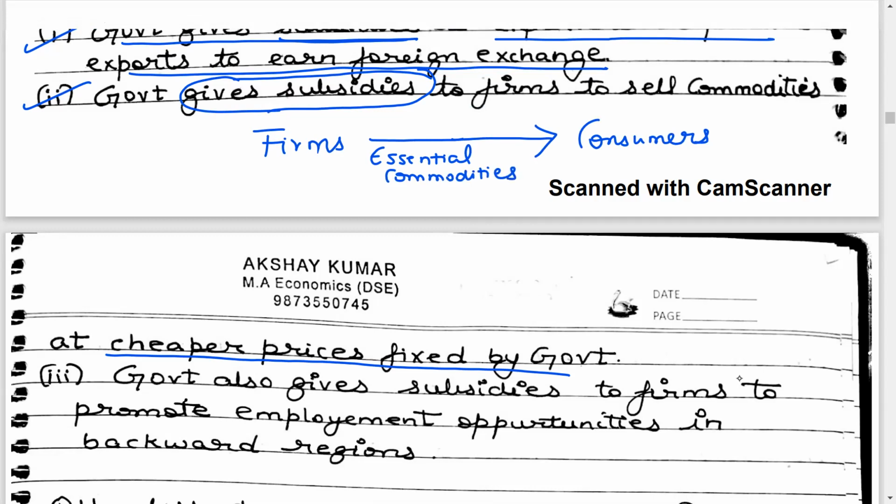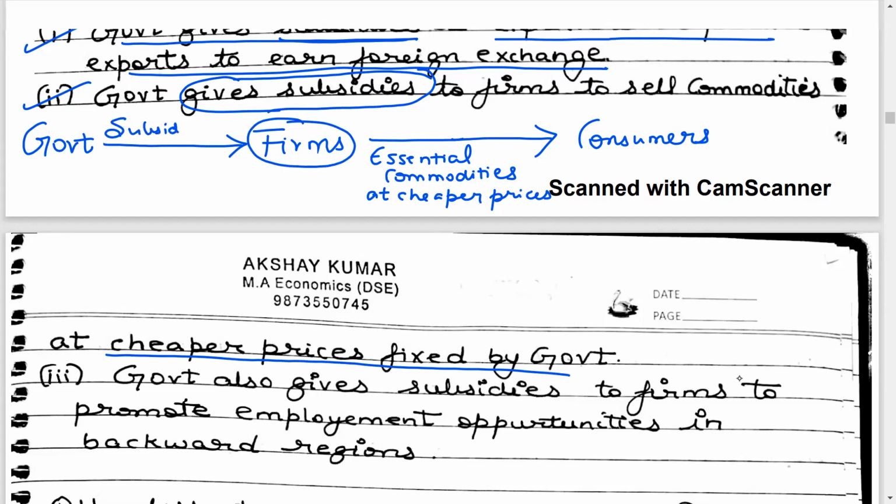They are sold at cheaper prices by the firms to the consumers, and then the government comes in, so that these firms don't make losses, the government subsidizes the firms. The government is granting subsidies to the firms and ordering them to sell certain essential commodities to the consumer at cheaper prices.